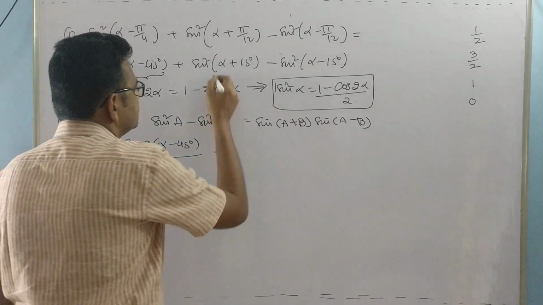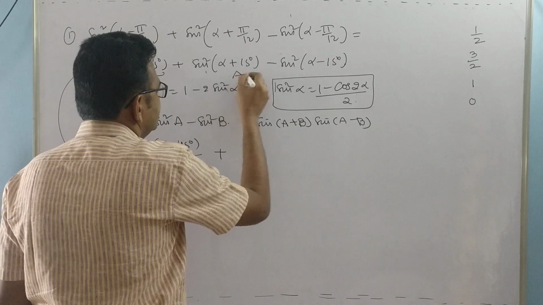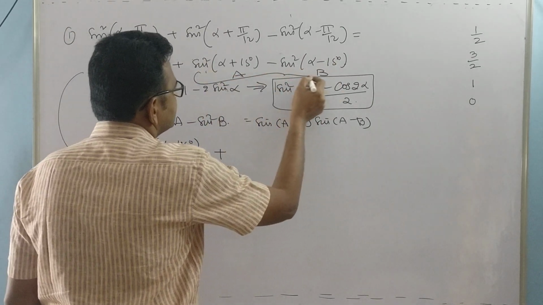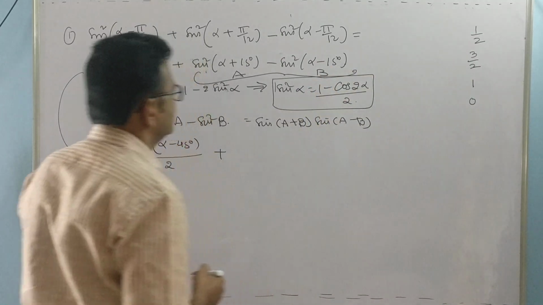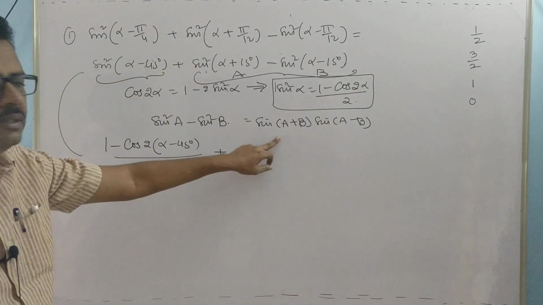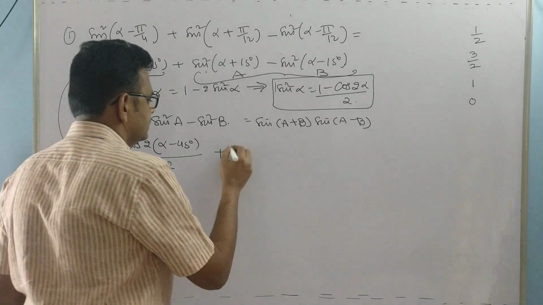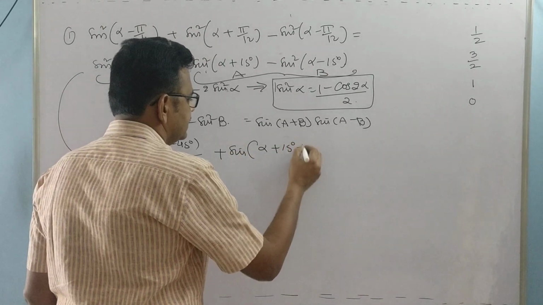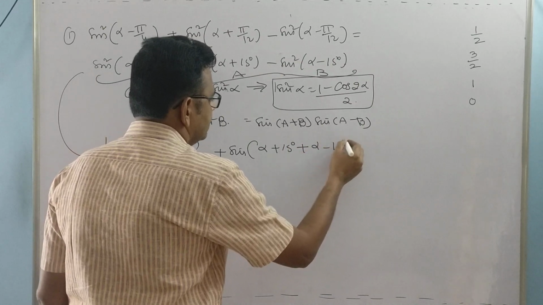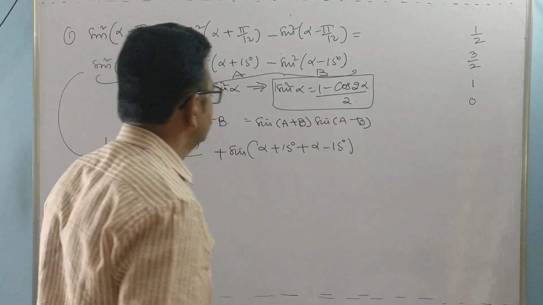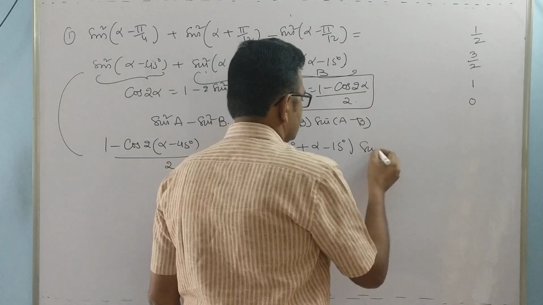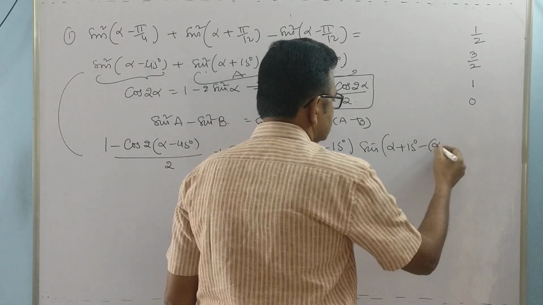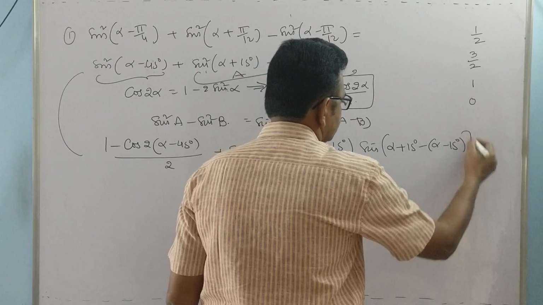Plus this is sin square a minus sin square b form, so let this be a and this be b. Now we have to write sin of (a plus b), which is alpha plus 15 degrees plus alpha minus 15 degrees, into sin of (a minus b), which is alpha plus 15 degrees minus alpha minus 15 degrees.